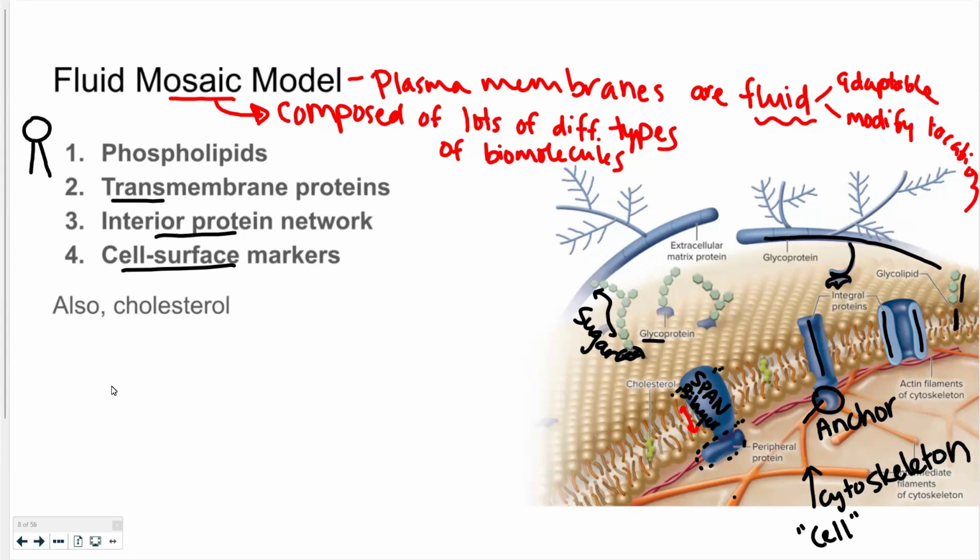Also, in addition to those four elements, we also have this other boy called cholesterol. You've probably heard of him because if you have too much of that in your body, it can cause you health problems. But cholesterol is a ringed lipid.